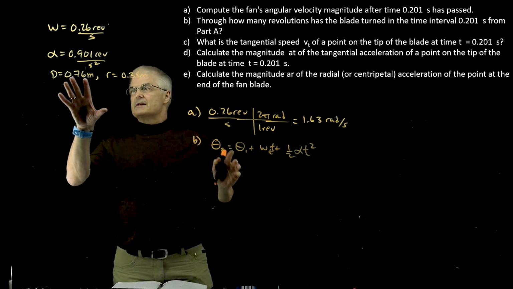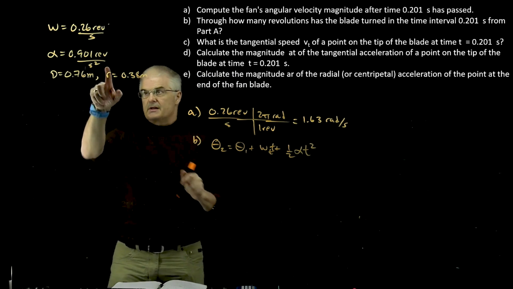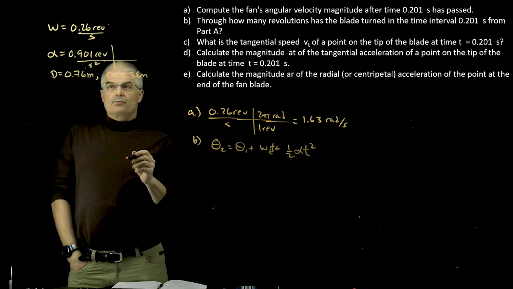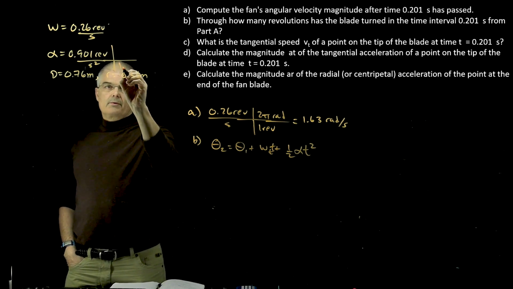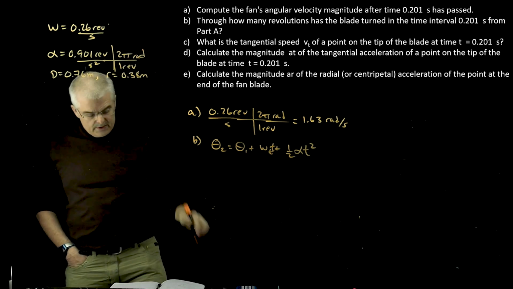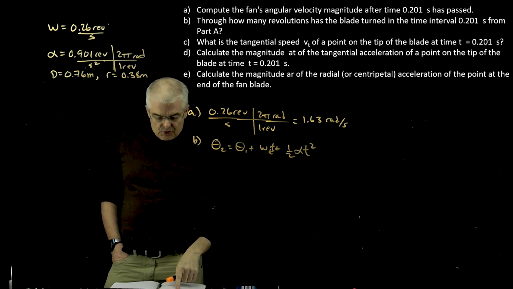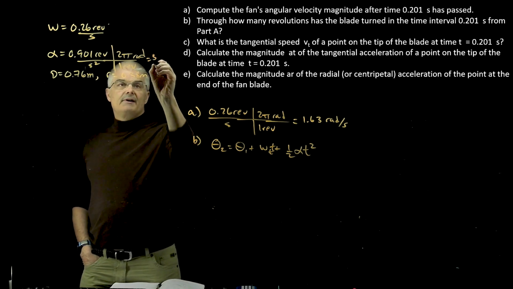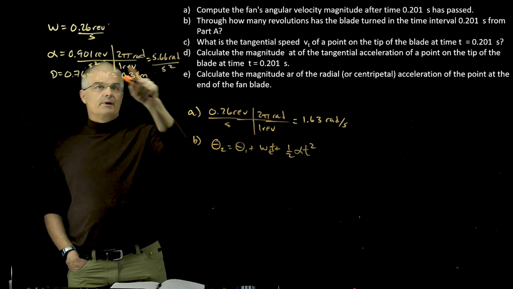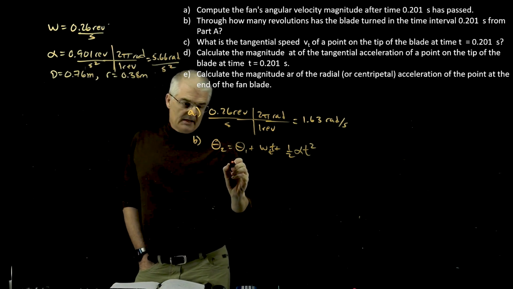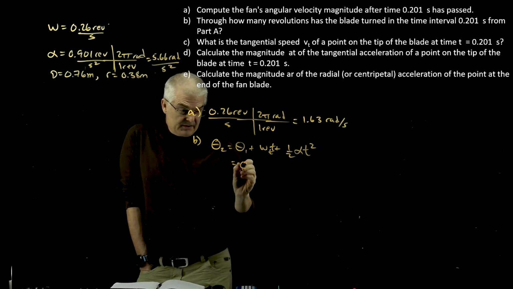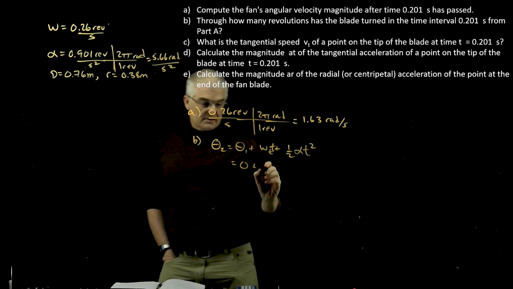Now, I know all these things, and I believe my alpha is in revolutions per second squared, so I'm going to have to convert this to radians per second. One revolution is equal to 2 pi radians, right? So 0.901 times 2 pi gives me 5.66 radians per second squared. I can't have one in revolutions and one in radians. And the original starting radian would just be 0 plus w, 1.63.